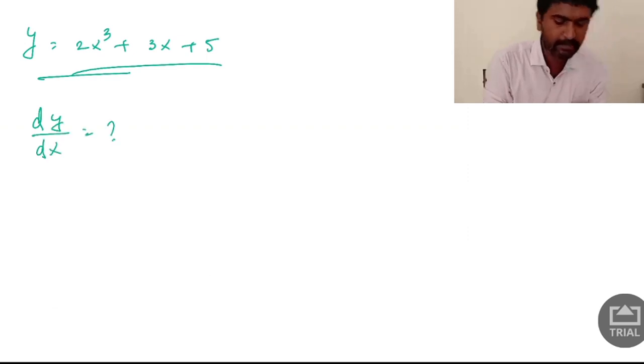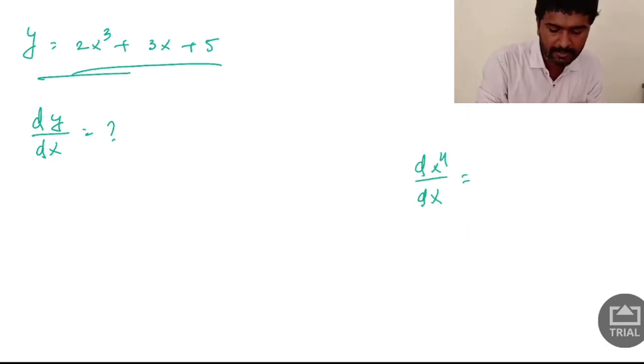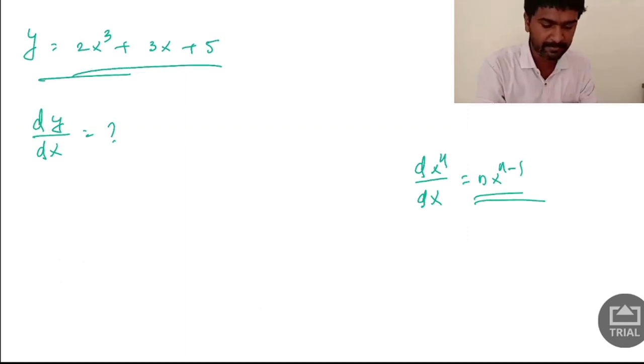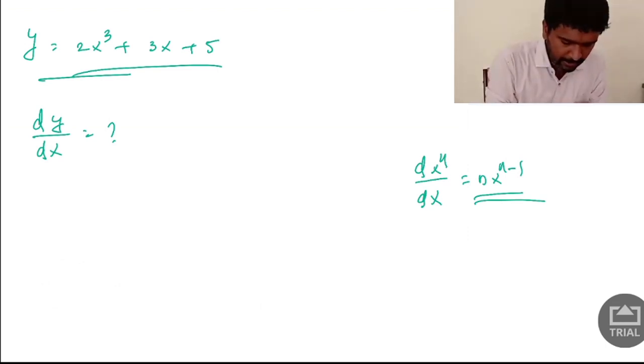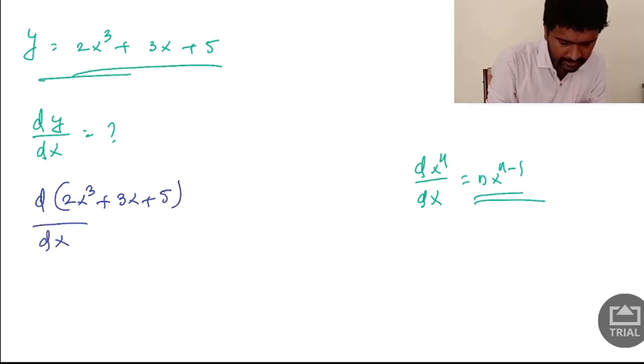So I have given the general equation, that is d of x power n by dx equals n into x power n minus 1. So now let us apply it to this. So I am writing dy by dx. Y is this much, you can write d of 2x power 3 plus 3x plus 5 by dx.